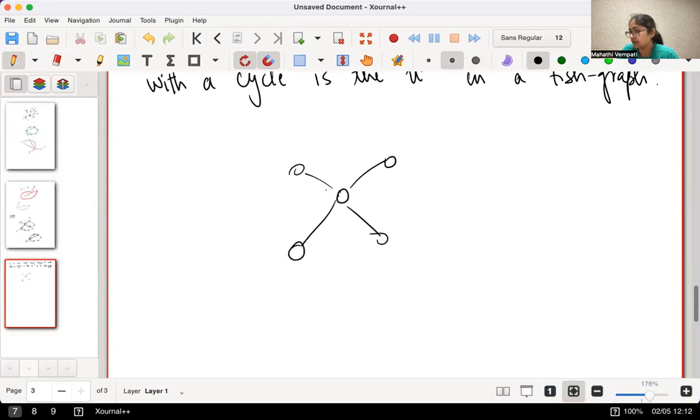So let's say you do find a cycle. It'll be between some two nodes. The other two edges, if they are not neighbors of the cycle, that's fine. But the issue is when the other two edges are neighbors of the cycle. So let this be one neighbor of the cycle, and let this be another neighbor of the cycle.